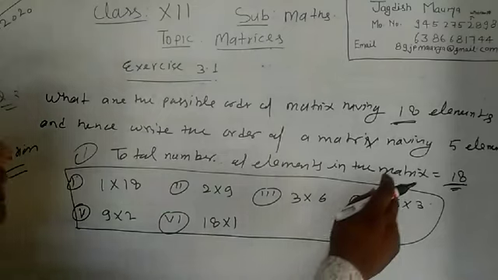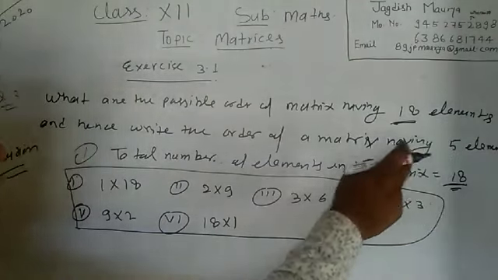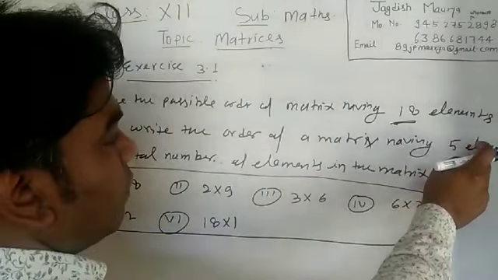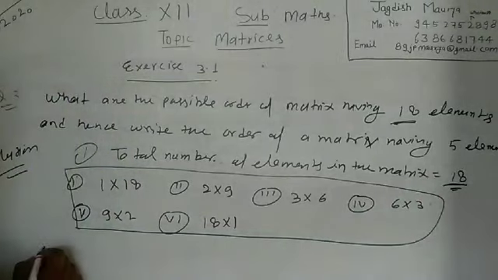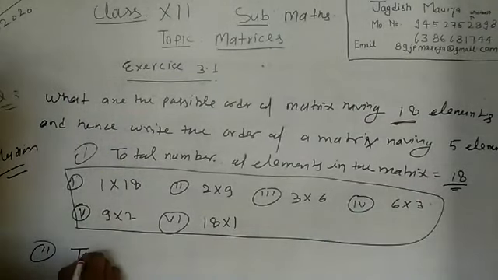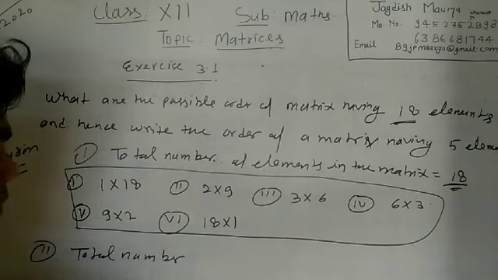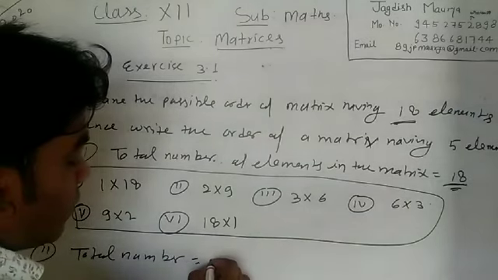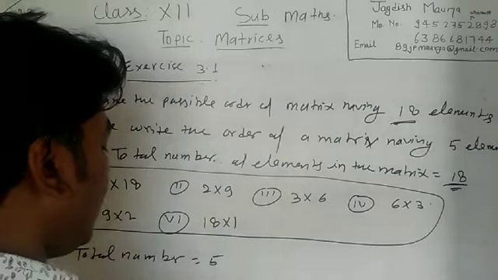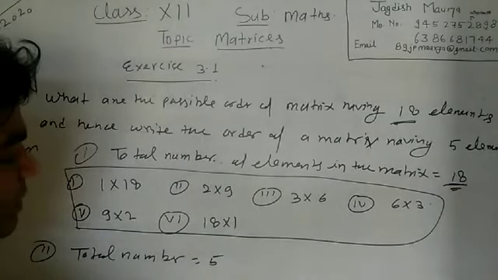Now we have to write the order of a matrix having 5 elements. The total number of elements is equal to 5, and here 5 is a prime number.